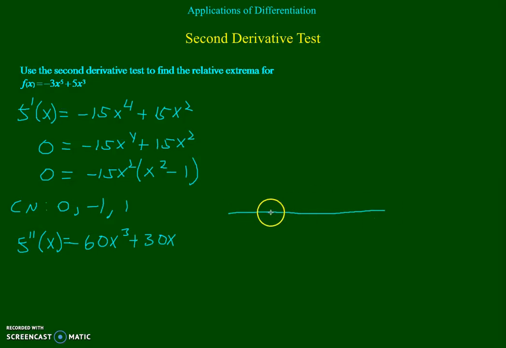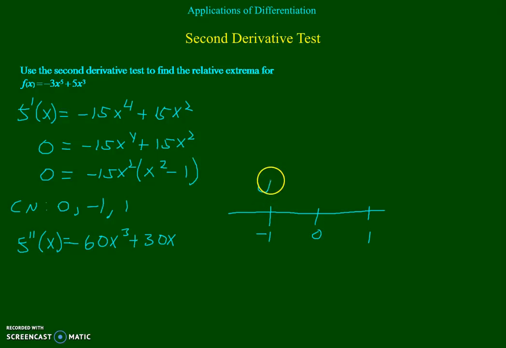So let's just do this, and we'll have negative 1, we'll have 0, and we'll have 1. So let's start at negative 1. Negative 1 into here, negative 1 to the third is negative 1. Negative 1 times negative 60 is 60, plus 30 times negative 1 is 60 minus 30, so that's a positive value. So if the second derivative is positive, it's concave up.